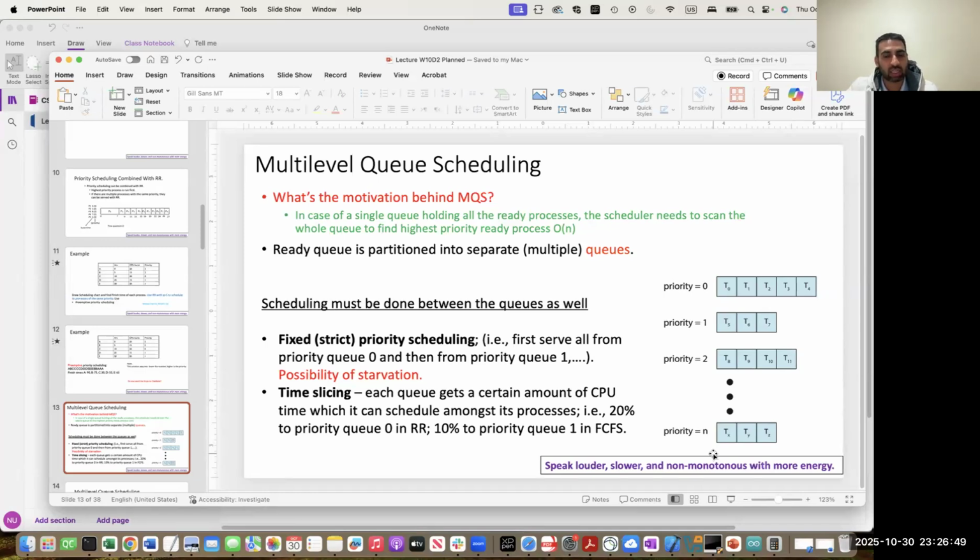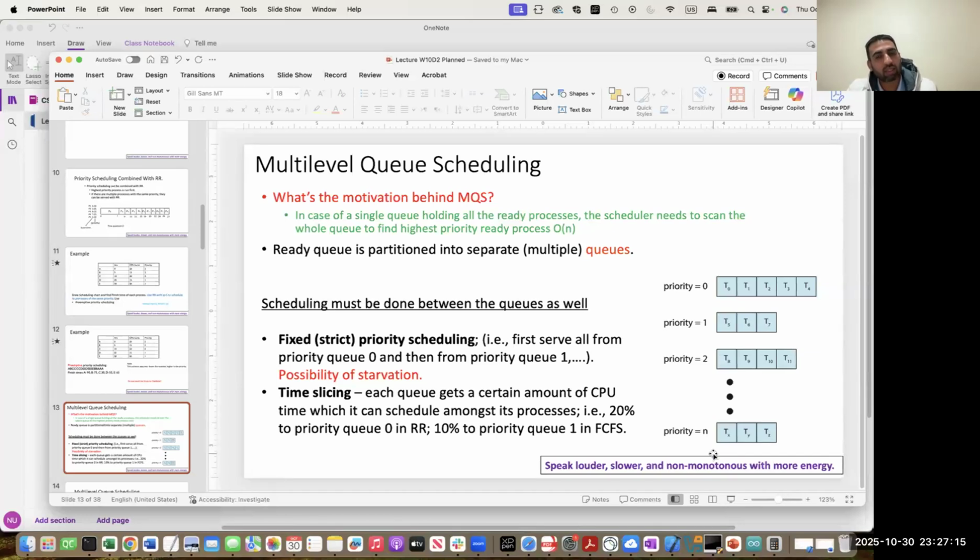Now if you are the scheduler and you want to find the highest priority process, you don't need to scan a long list of PCBs. You will simply go to the queue of processes with priority level 0. I'm assuming that 0 is the highest priority level. So I will simply pick the process from the head and schedule it.